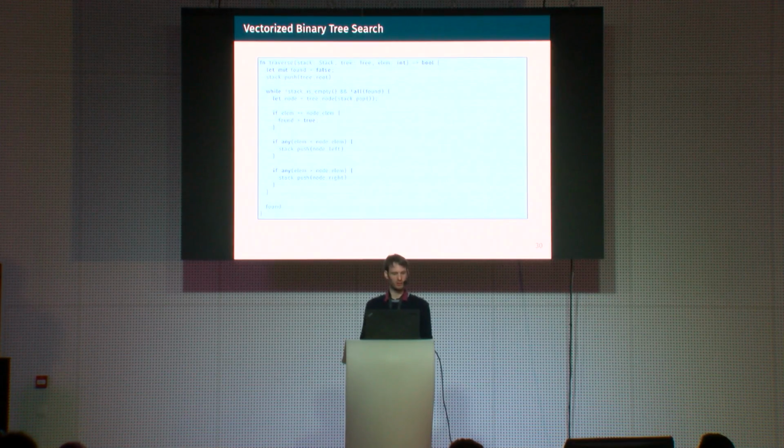If the node is your element, then you found, obviously, your element, so it's done. Otherwise, if the node is not a leaf, then you can test every child of the node. And if any lane desires to go through one part of the tree, then you will process it and push it on the stack. Because of this, all the decisions are uniform, and your stack will remain uniform.